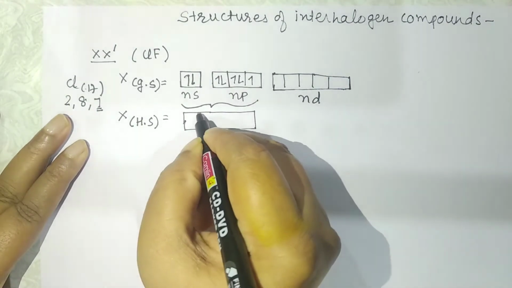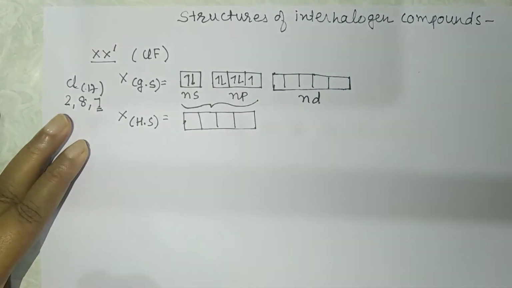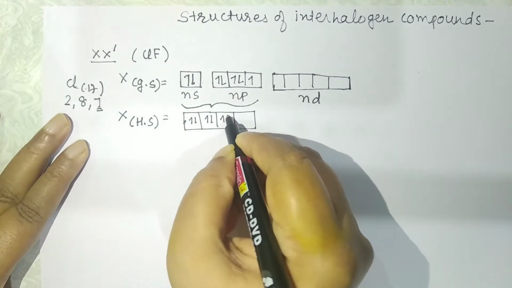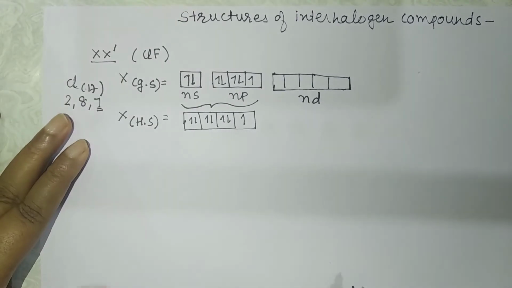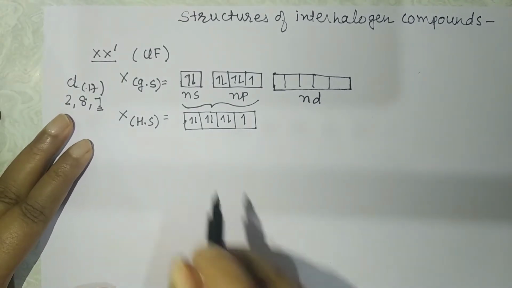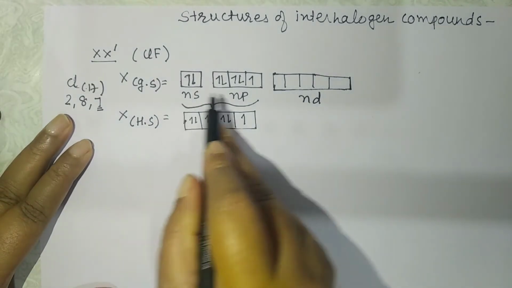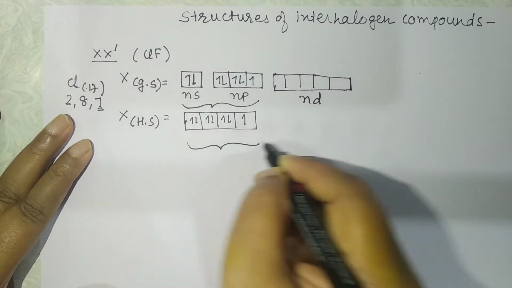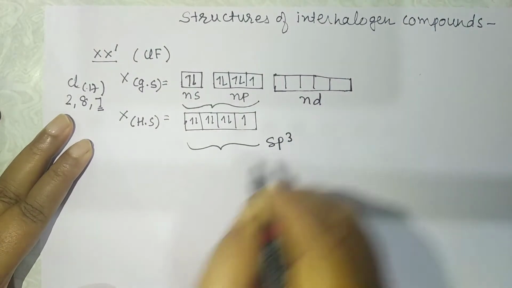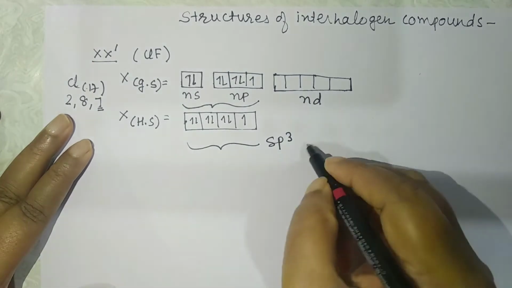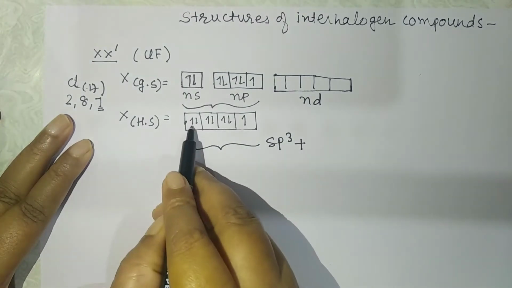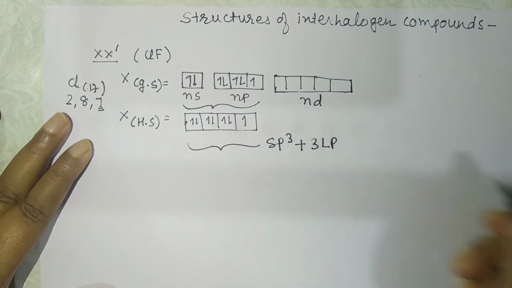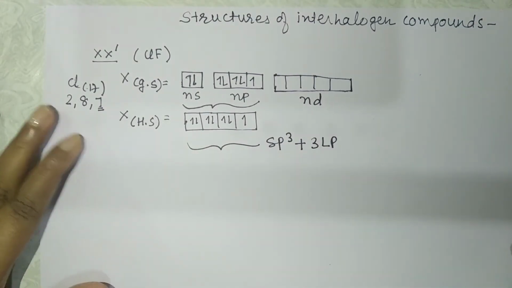So what you have here is this: 2 electrons here, 2 electrons here, 2 electrons and 1 electron here. So in this hybridized state, you have 1 s and 3 p orbitals involved. So this will undergo sp3 hybridization. Now if you see this, there are 3 lone pairs, the first, second and third. So it will be sp3 hybridization with 3 lone pairs.